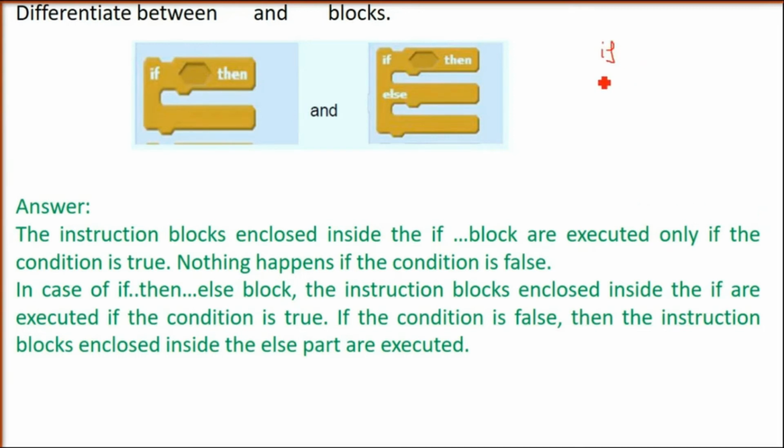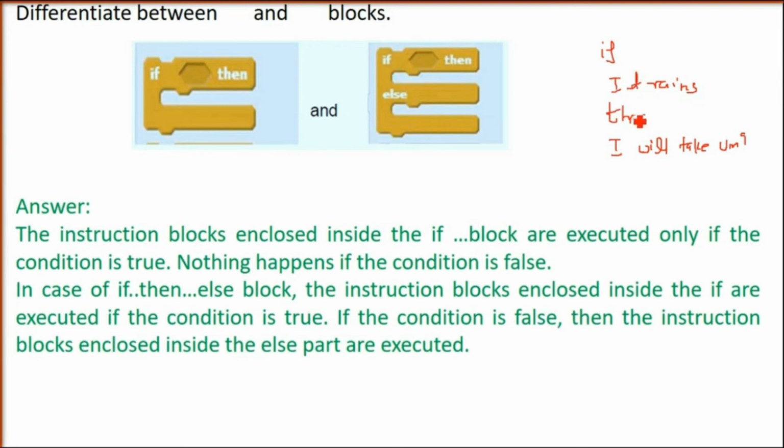If it rains, then I will take an umbrella, or I will buy an umbrella, or I will carry an umbrella. This is the if-then case. If it rains, then I will take an umbrella.